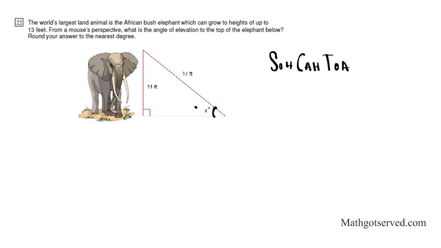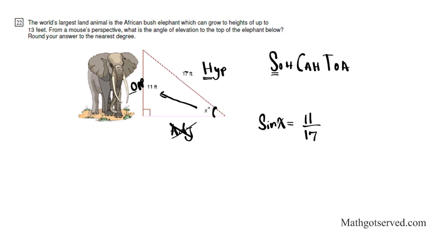Since this is the angle, this side right here is going to be your opposite. This is going to be your hypotenuse. This is supposed to be 17. The adjacent is right here. I don't need it, I don't know it, so scratch it. We don't care about that. Opposite over hypotenuse is sine, so we're going to go sine x equals the opposite over the hypotenuse.